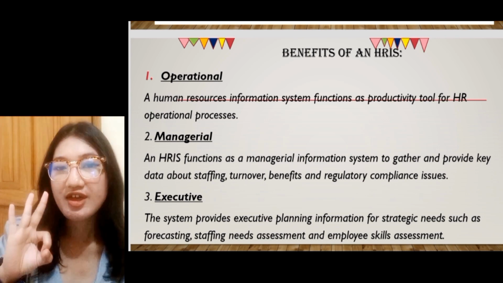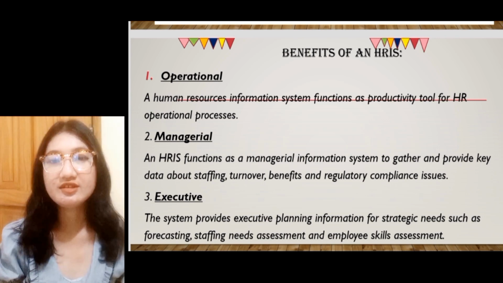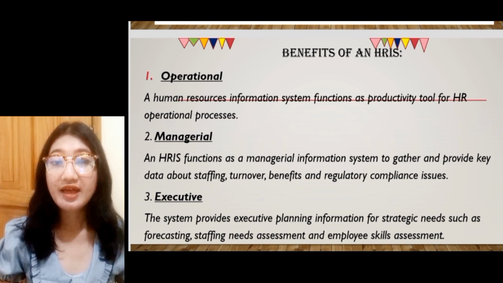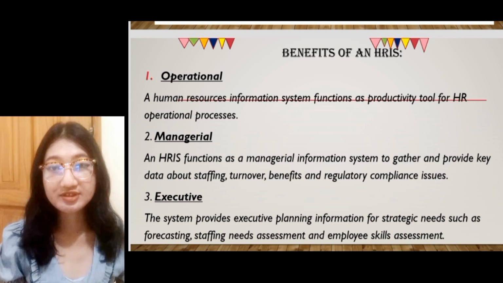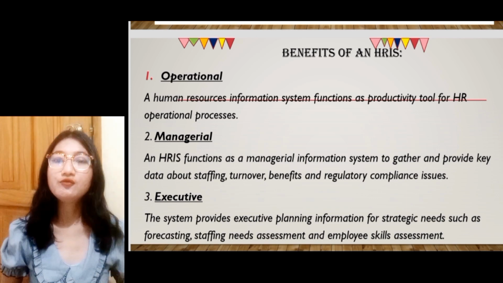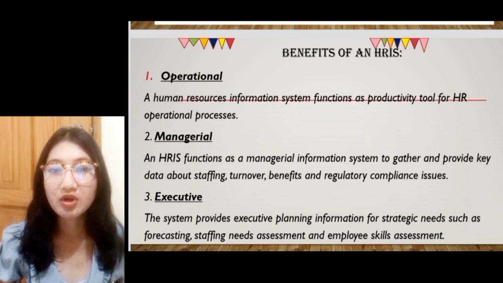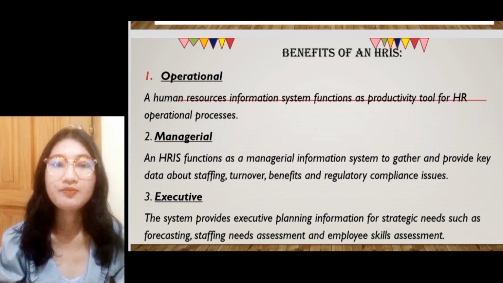The third HRIS benefit is the executive. This system provides planning information for strategic needs such as forecasting, staffing needs assessment, and employee skills assessment.